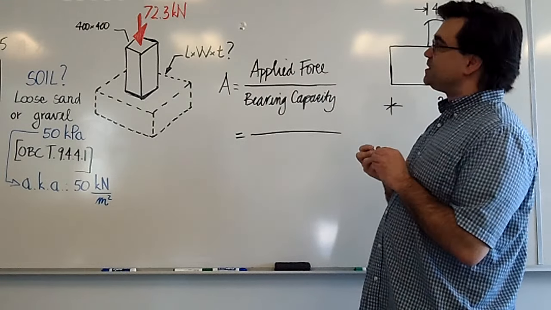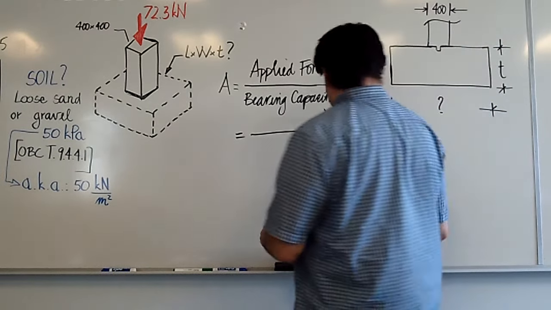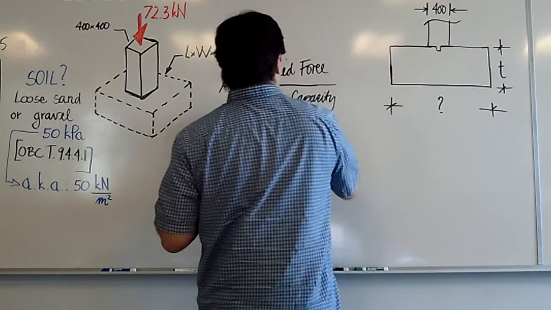The applied force is 72.3 kilonewtons. As such, the bearing capacity of the soil is 50 kPa, which is the equivalent unit of 50 kilonewtons per meter squared.